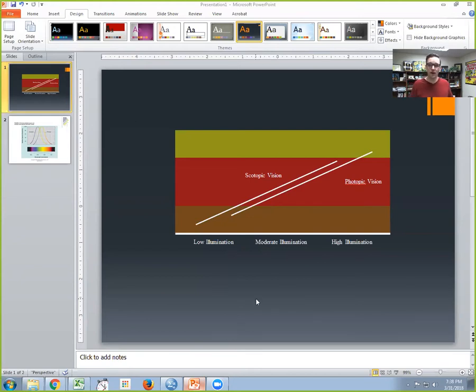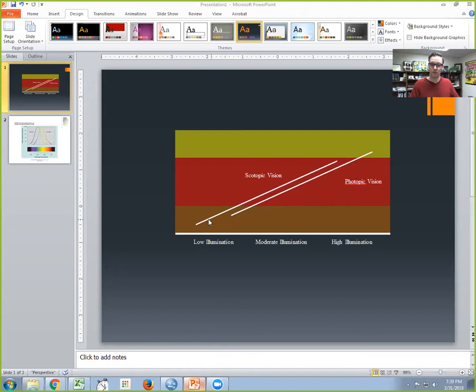All right? However, if illumination gets really bright, your scotopic vision doesn't happen anymore, mainly because your rods become oversaturated. They become fatigued. Whereas in extremely low levels of light, your photopic vision doesn't work as well because, again, there's not as much illumination.